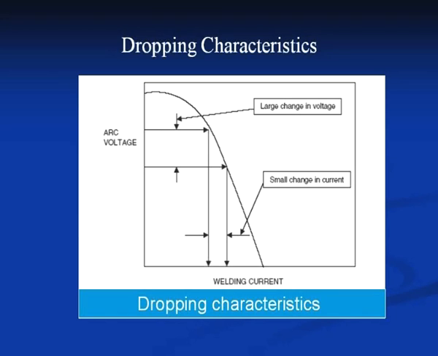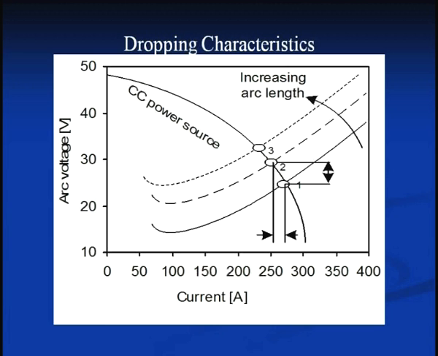This we can see with the help of this diagram, where the constant current characteristic of the power source interacts with the arc characteristic, and the intersection of the static characteristic of the constant current power source and the arc characteristic is called the operating point.